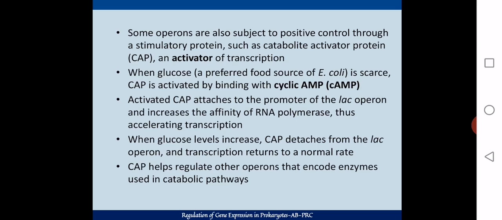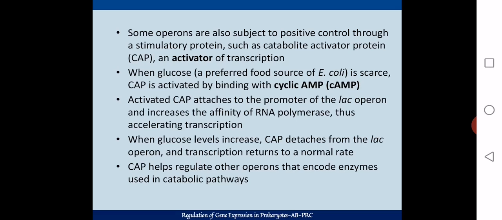So the CAP usually will be in the inactive state. CAP is nothing but a protein which can bind to a regulatory site in the lac operon, and this binding site is usually denoted as the CAP binding site, or catabolite activator protein binding site, and this is usually located in or near the promoter site.